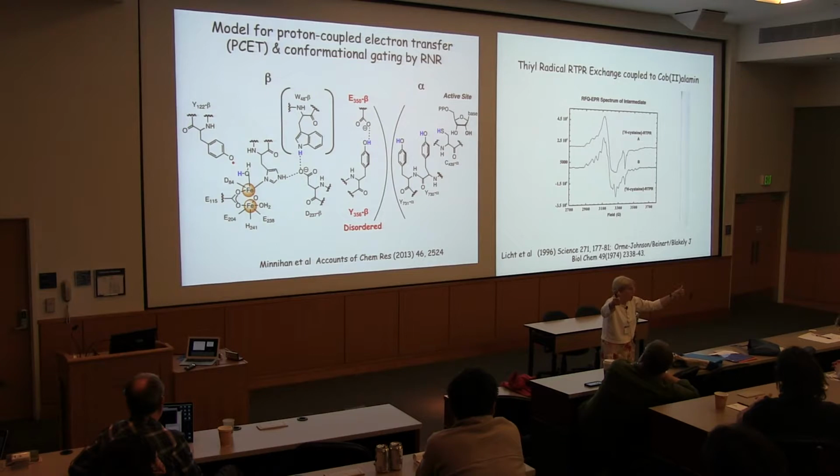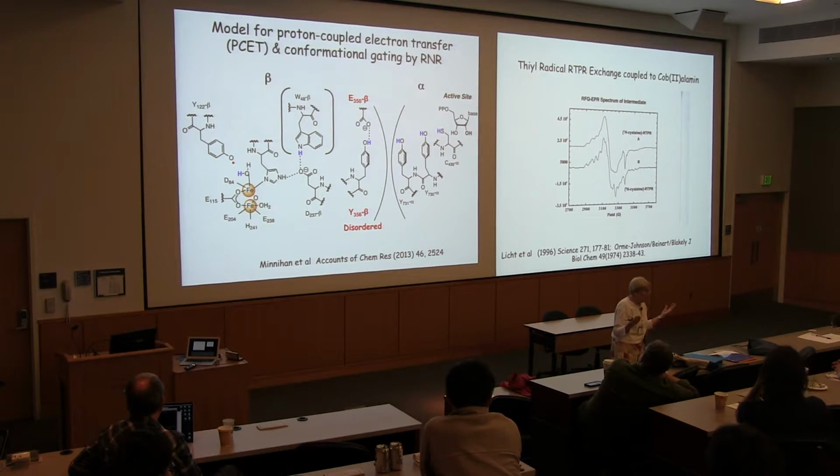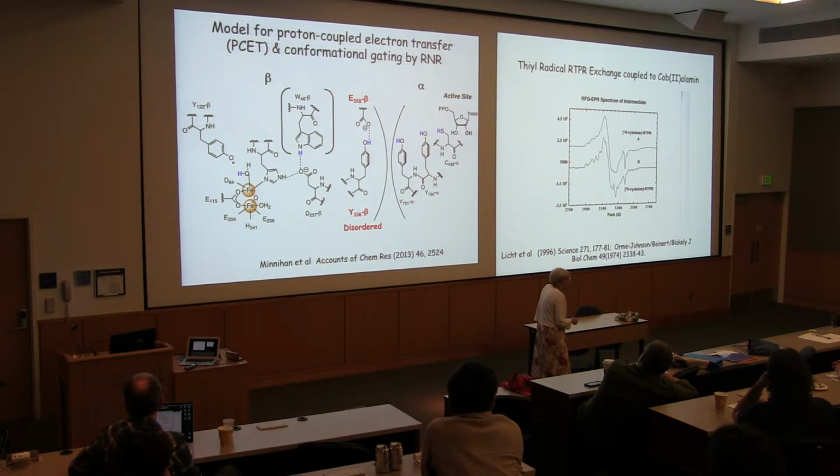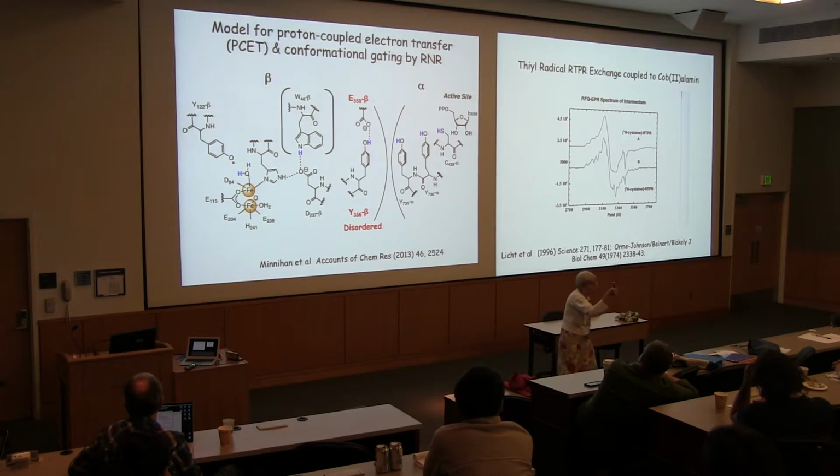So if you generate a sulfur radical in cobalt-2, they're both paramagnetic. They can have dipolar interactions. They come together. They can get exchange coupled. And when they did this experiment, they had no idea really what the structure of this was. And so we thought because of the exchange reaction, it had to be a monoprotic amino acid. And so we deuterium labeled all the cysteines in RTPR. And when you deuterium label, now you have deuterium labeled S dot and cobalt-2.